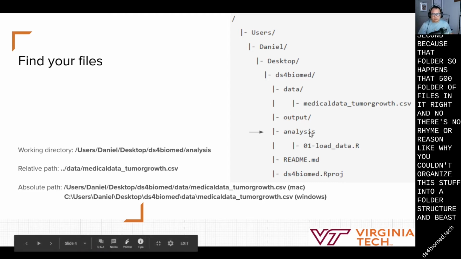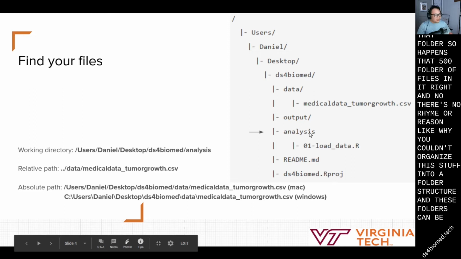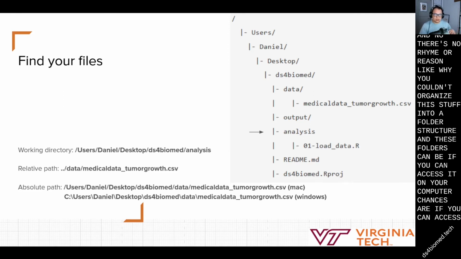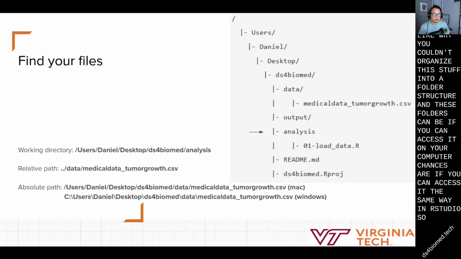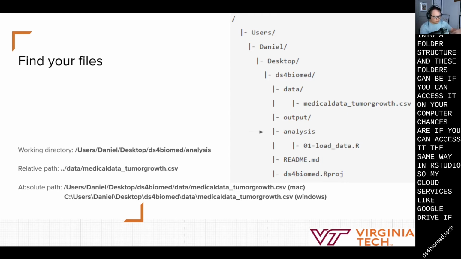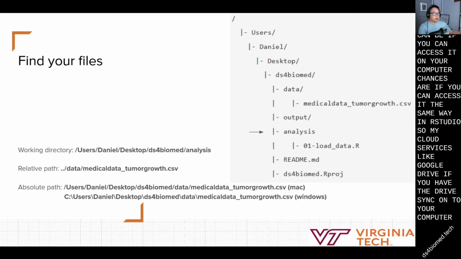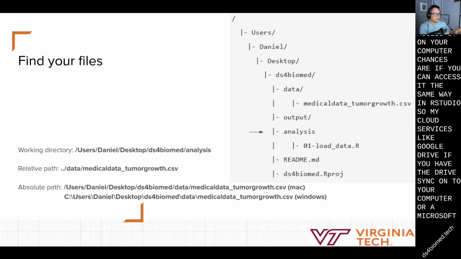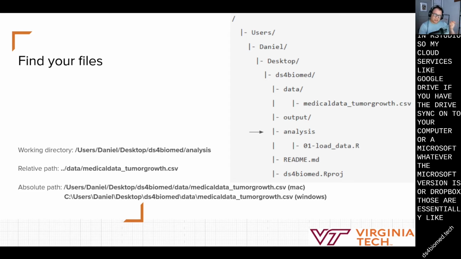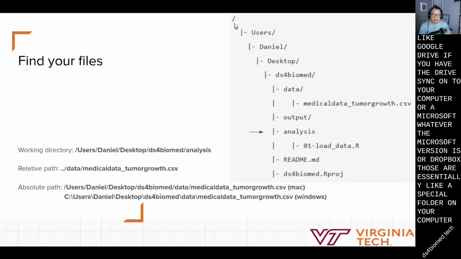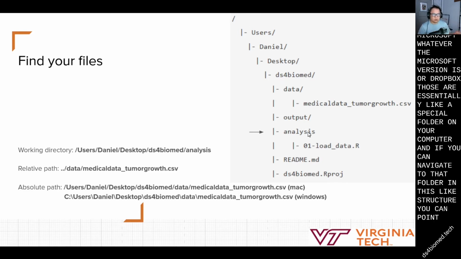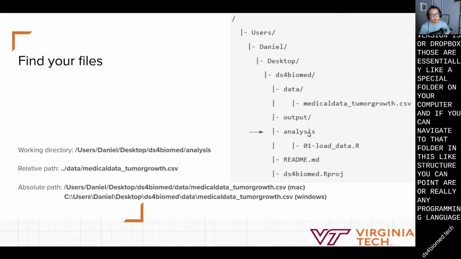And these folders can be anywhere. If you can access it on your computer, chances are you can access it the same way in RStudio. Cloud services like Google Drive, if you have the Drive synced onto your computer, or Microsoft's version, or Dropbox, are essentially a special folder on your computer. If you can navigate to that folder, you can point R, or really any programming language, to it.